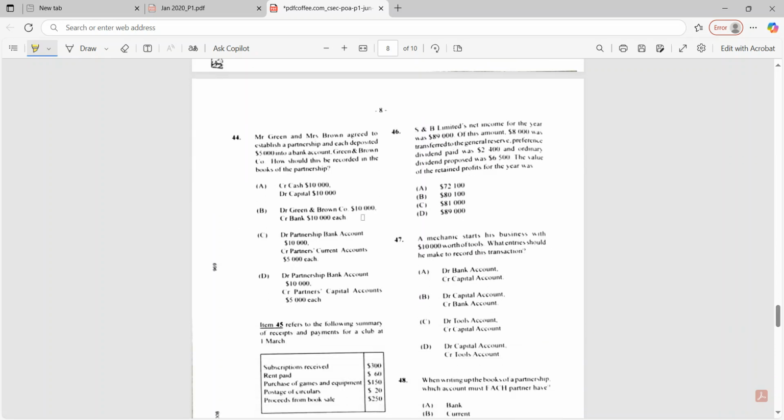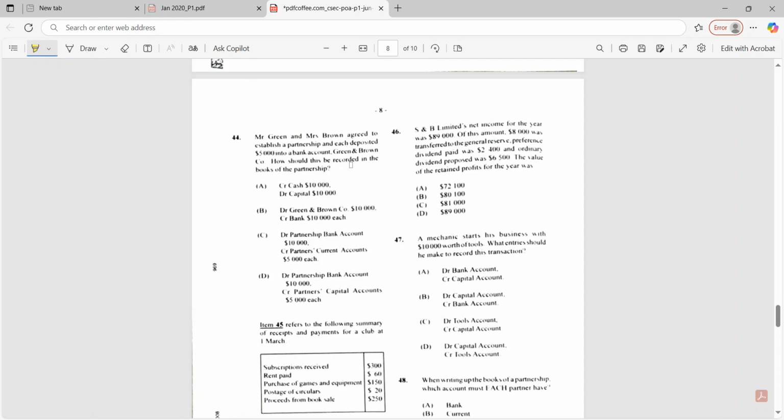44. Mr. Green and Mistress Brown agreed to establish a partnership and each deposited $5,000 into a bank account, Green and Brown Co. How should this be recorded in the books of the partnership? A. Credit cash, $10,000. Debit capital, $10,000. How do we normally record money coming into the business as capital?